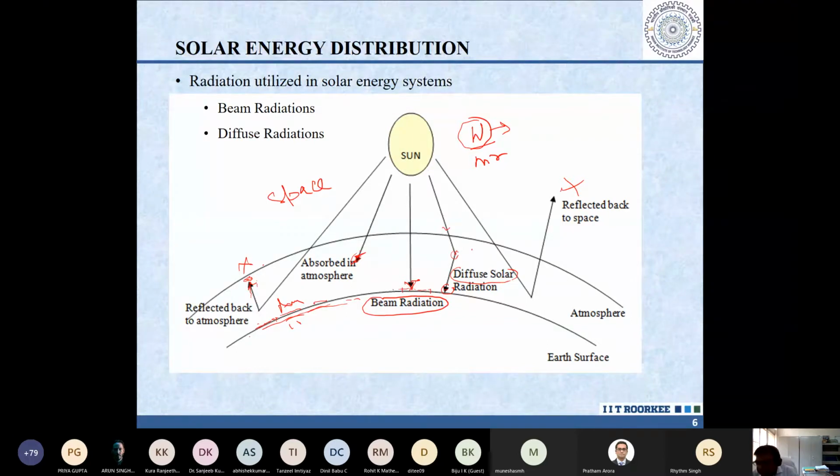So I can conclude up to this point that the solar energy reaching our surface has two components of solar radiation, that is beam radiation and diffuse radiation. So that is the thing.